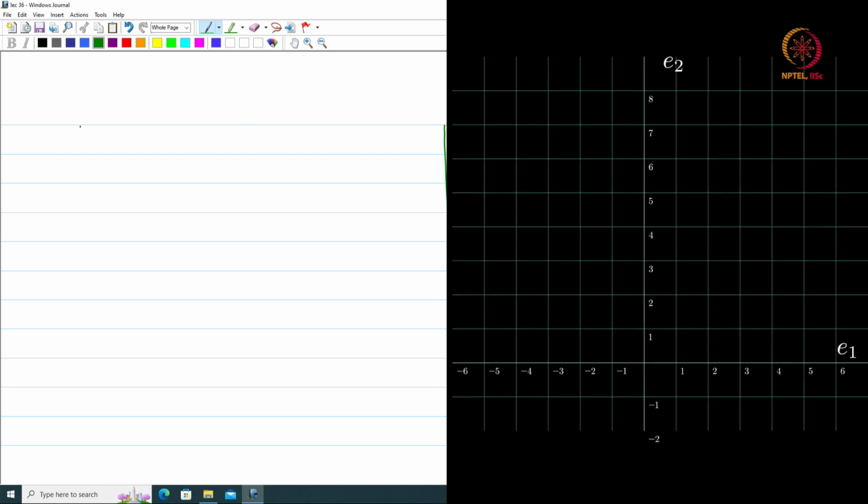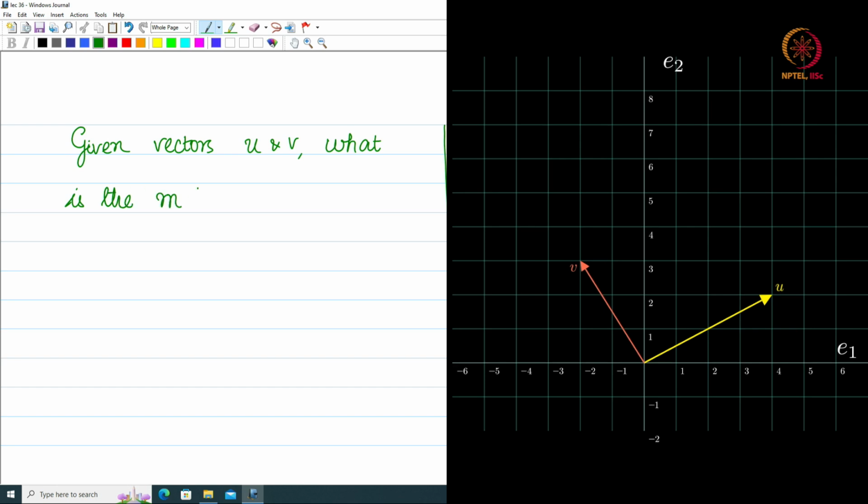So given vectors, let us say u and v, what is the matrix that projects the vector u onto the direction of v?